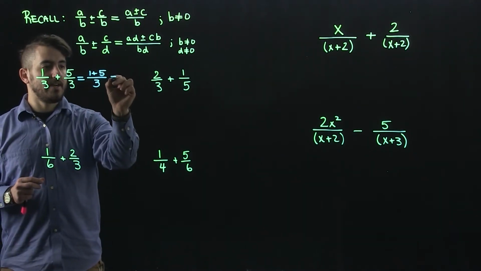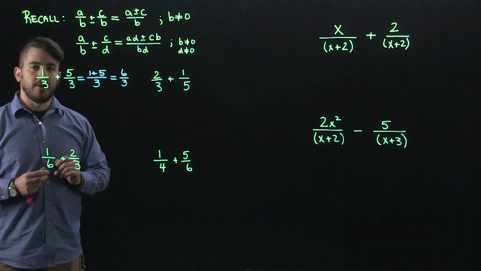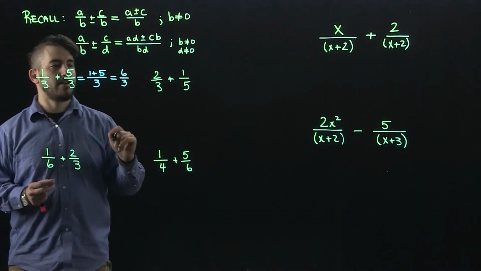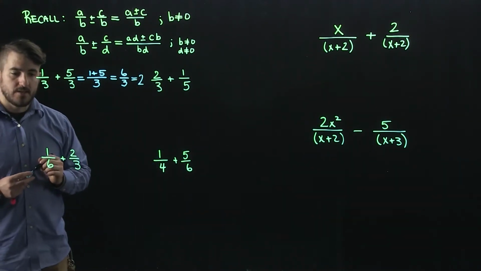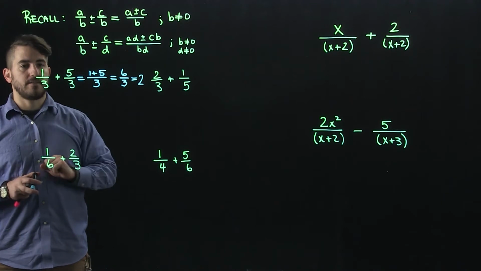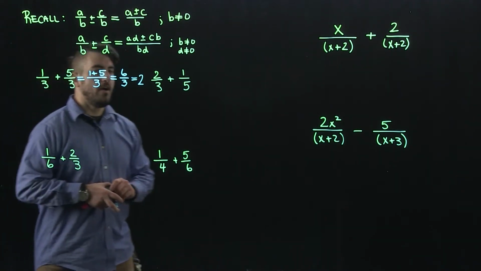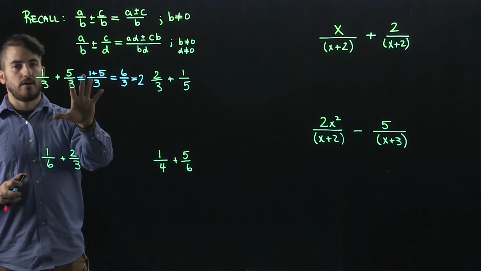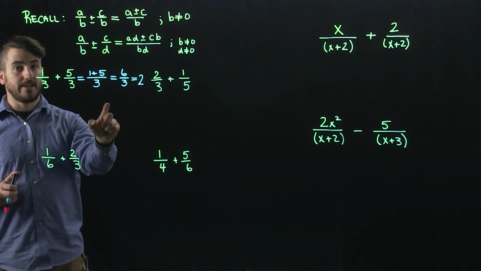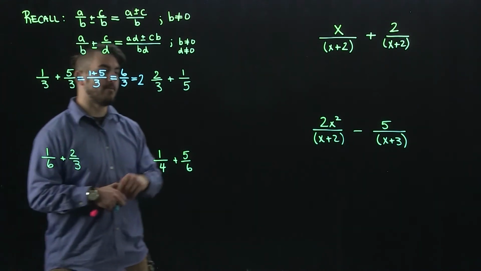And so then we get 6 over 3. And this can be reduced because 6 divided by 3 is 2. And so the sum of 1/3 plus 5/3 is 2. Again, we're going to disregard the physical idea of what's happening. We're just going to look at the arithmetic idea of what's happening here.